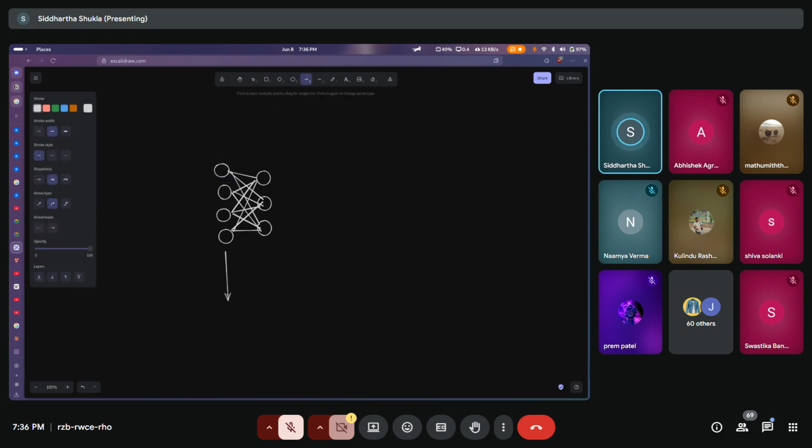So this right here is our layer one, and the other one is our layer two.